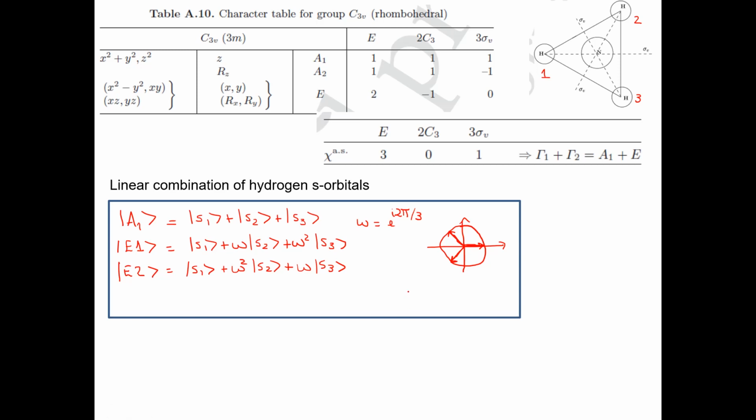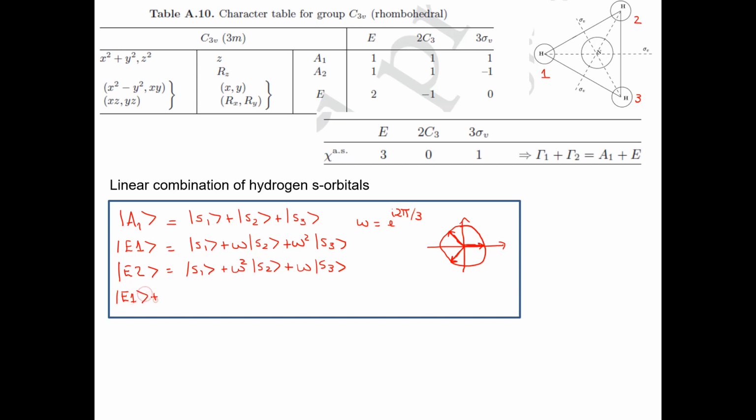What's interesting now is that the E state is a doubly degenerate state, right? So these two wave functions are wave functions of a degenerate state, and I'm free to make any linear combination of them that I want. For the purpose of today's analysis, it's interesting to make the sum and the difference between the two.